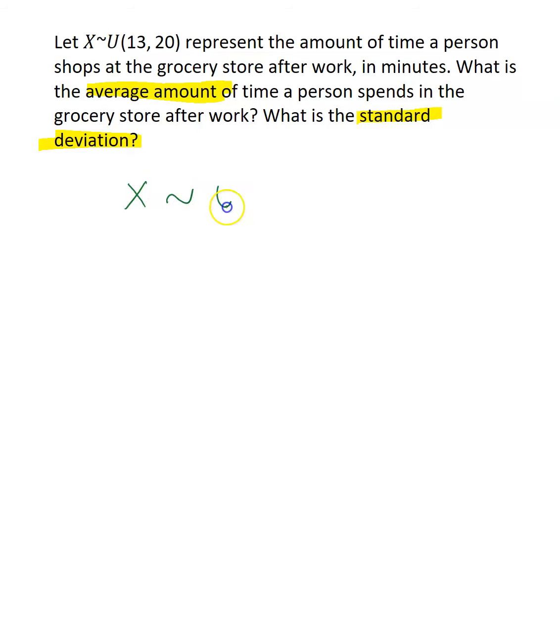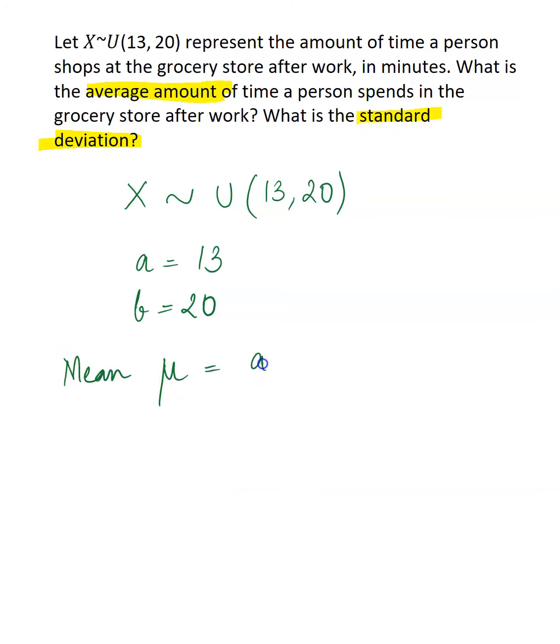So x is uniform, 13, 20. So we know that our a is 13 and our b is 20, because this is all we need to calculate the mean. Mean mu is (a plus b) over 2, 13 plus 20 over 2, which is 16.5.